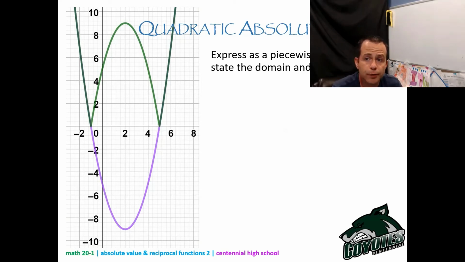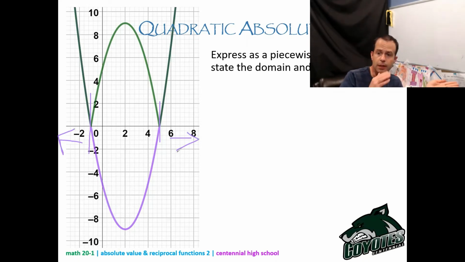The overlapping region is from here that way and from here that way, right? So the overlapping region would be when x is less than or equal to negative 1 and greater than or equal to 5. That would be the original positive version. The negative version will be the hump in the middle there, which is from negative 1 to 5.